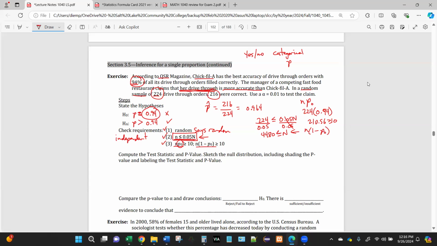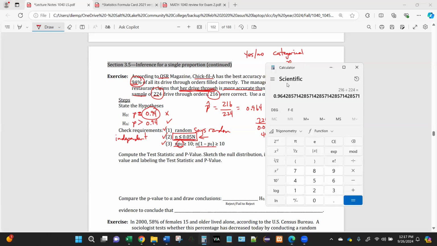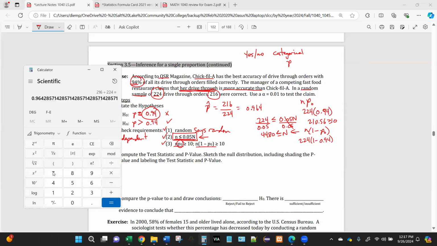So how many failures are we expecting? Again, we go 224 times 1 minus 0.94.